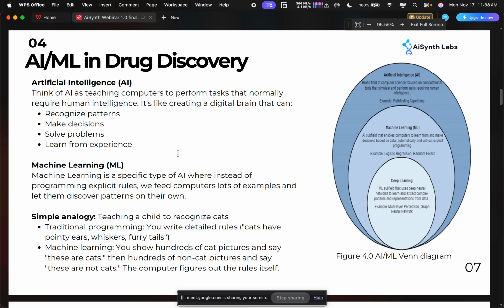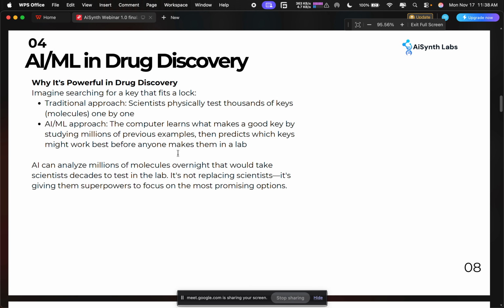So it has been trained on data and is able to recognize patterns. So why is it powerful for drug discovery? Since machine learning can recognize patterns, what if we train it on a set of drugs? We put in data where we say, this drug is liver toxic, this drug is not liver toxic.